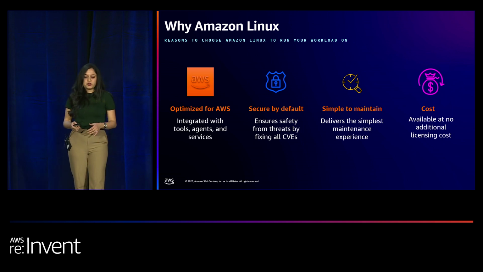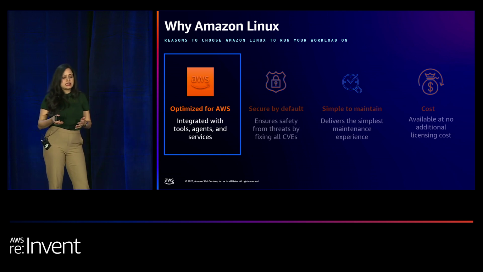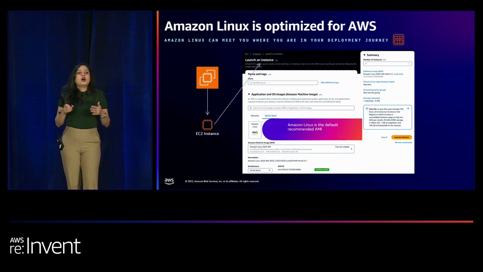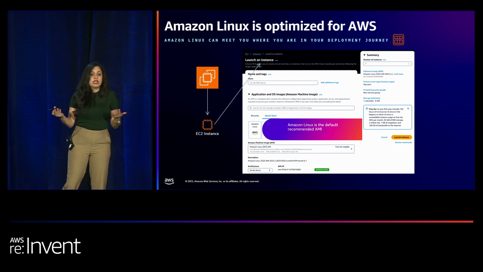Let's start with the first one, why Amazon Linux is optimized for AWS. Amazon Linux comes integrated with the tools, agents, and service support that you need to run your workloads. Let me explain what this means. What do you need to run a workload on AWS? Typically, you start with an instance or a container.